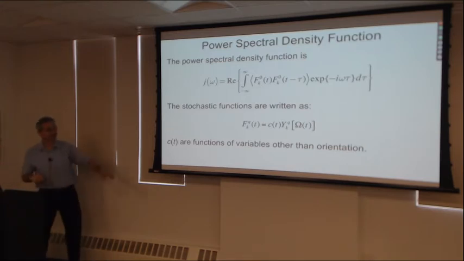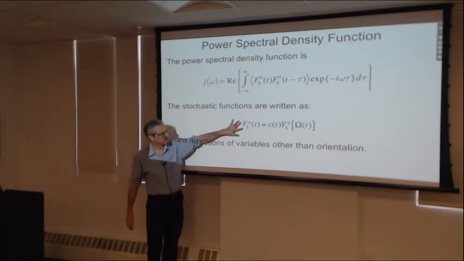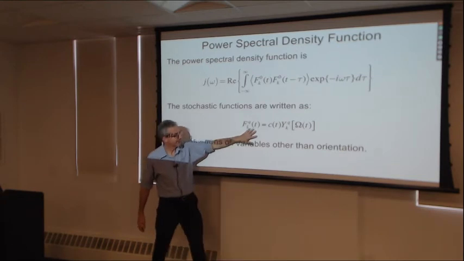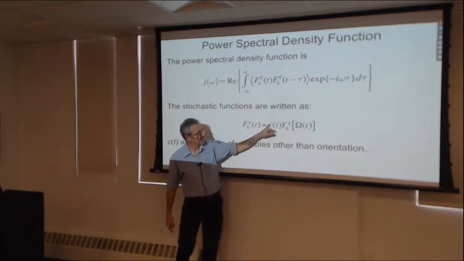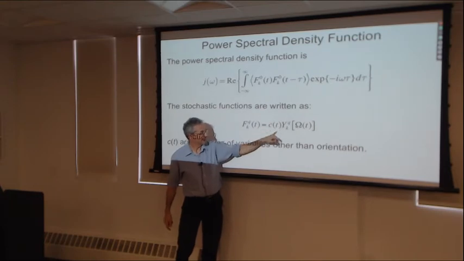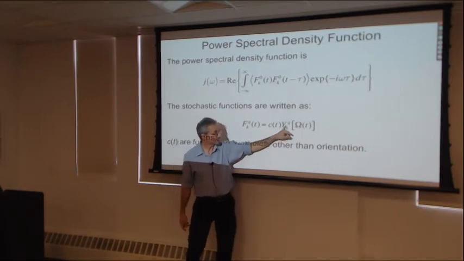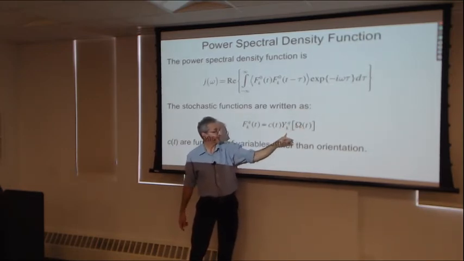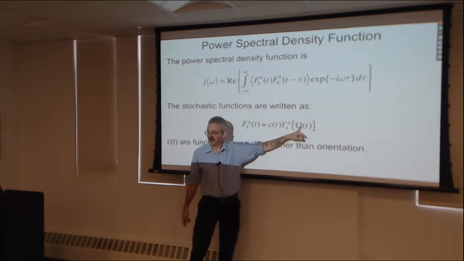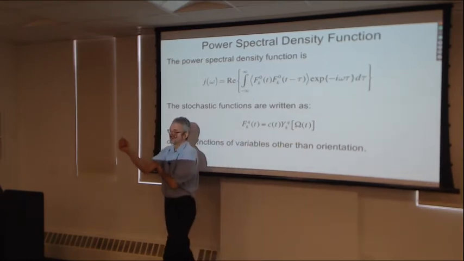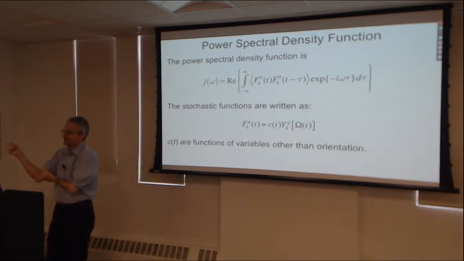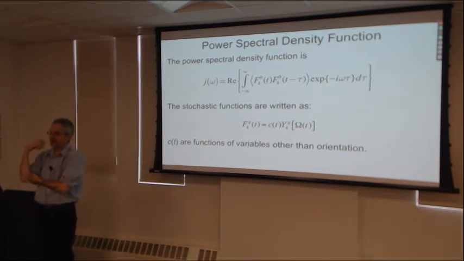But at least in solution state, the F's can always be written as some function that contains a bunch of physical parameters, bond lengths, chemical shift anisotropies, etc. And then spherical harmonics that depend on the angles orienting the tensor, whatever Hamiltonian we're talking about. The tensor representation orients that in the laboratory.